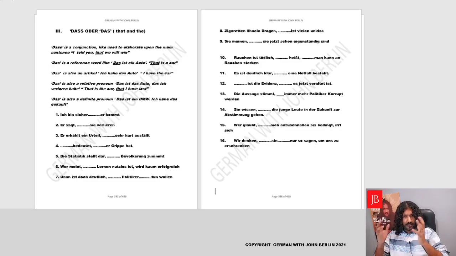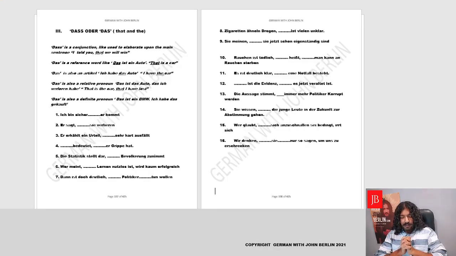It's going to rain because the sky is covered. Es wird regnen, denn die Vögel sich versteckt haben. It's going to rain because the birds have hidden themselves. This is my perspective. So that's what we learned in the last lesson.